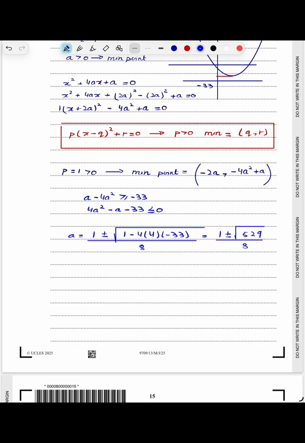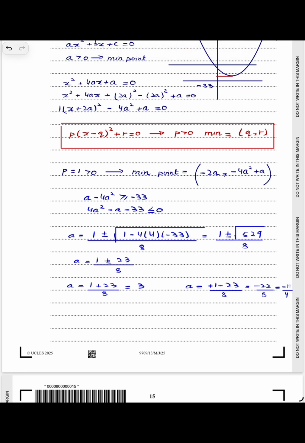The square root of this is actually 23. So we have two values. One is (1 + 23) over 8, which is 24 over 8, which gives us positive 3. And the other is (1 - 23) over 8, which is -22 over 8. So this gives us a value of -11 over 4.